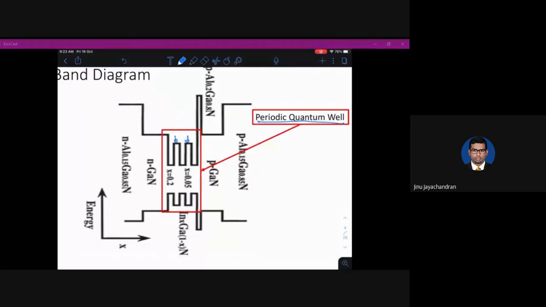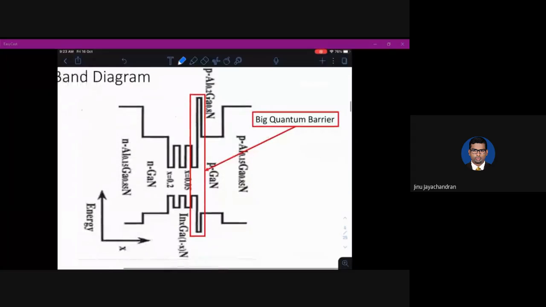And then if you move forward, you see that there is a big barrier because of aluminum gallium nitride, which helps in the confinement of carriers. When you apply an injection current, the carriers in the conduction band, which are mostly electrons, will move down into the quantum well. And it will stay in the quantum well because the barrier here is pretty large, so it cannot move out.